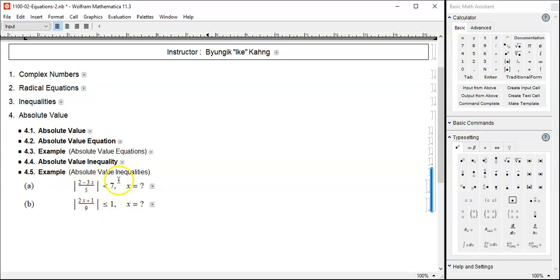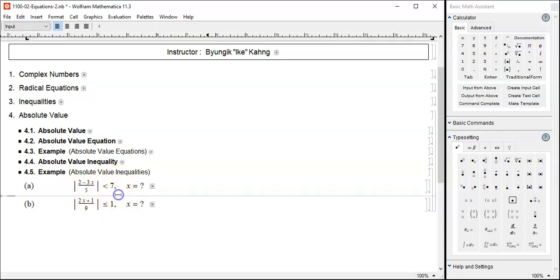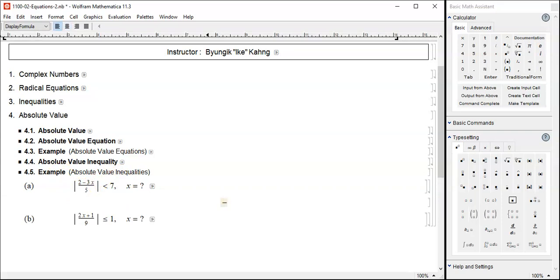Absolute value is less than those. So you can rewrite this as -7, and then what's inside the absolute value, +7 like this.